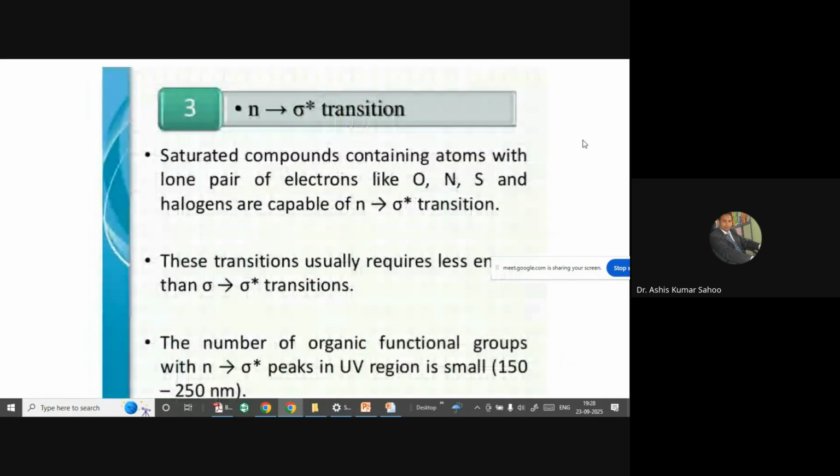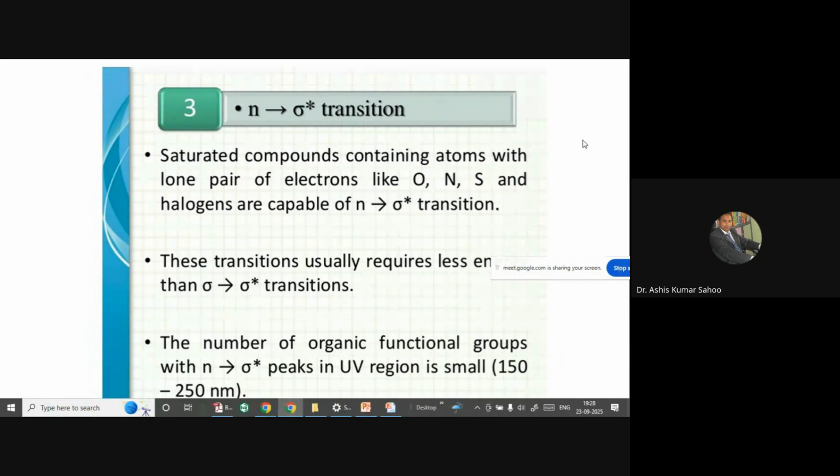So what about the n to sigma star transition? Saturated compounds containing atoms with lone pair electrons, like oxygen, nitrogen, sulfur and halogens, are common. Here n means unpaired, non-bonding electrons present in oxygen, nitrogen and sulfur-like atoms.